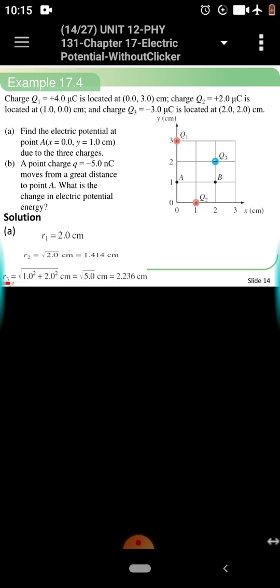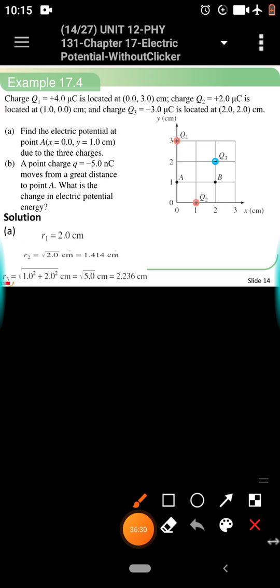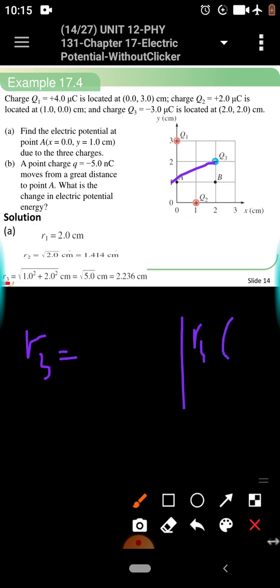Now we need to find this distance, which is R3. What points do we have? We have a point at A, which is (0, 1), and another point at Q3, which is (2, 2).